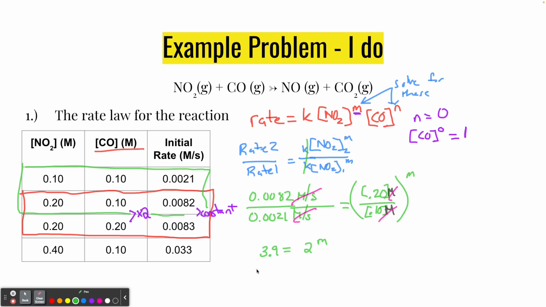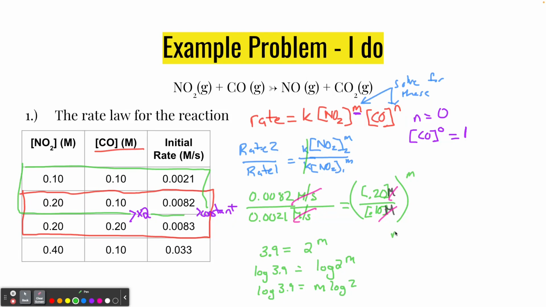Now I'm going to take the log of both sides. So we get the log of 3.9 is equal to the log of 2 to the M. Rewrite my exponent so I can do this. So log 3.9 is equal to M times the log of 2.